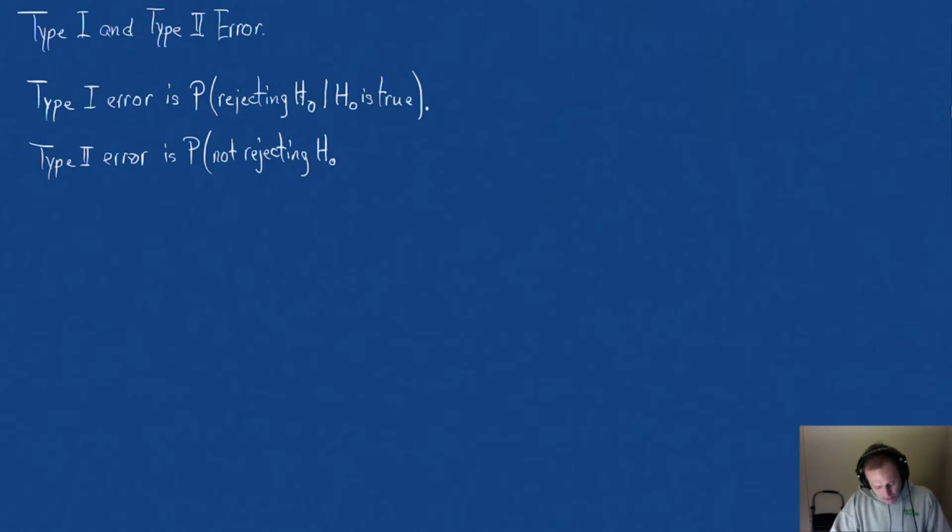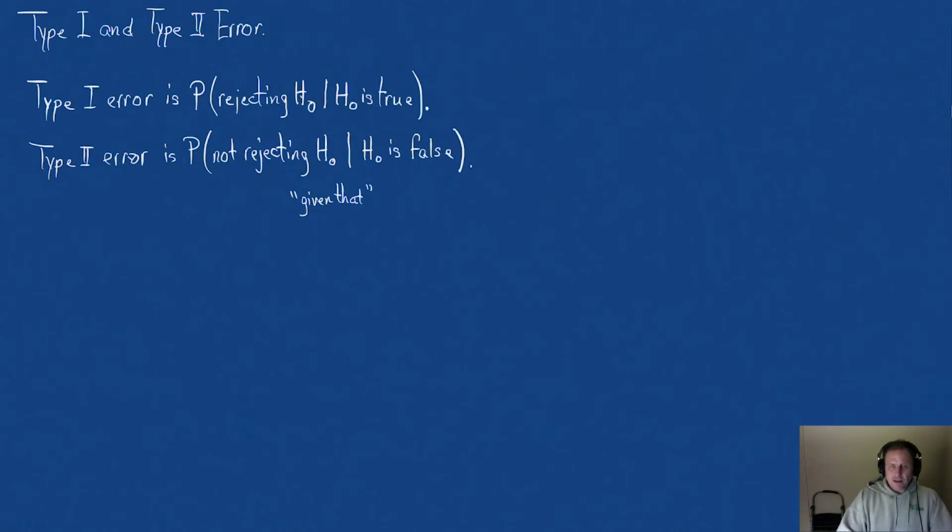But what's different in this, remember this vertical line here is read as given that the null hypothesis is false. Okay, so it takes a little bit of getting used to these.